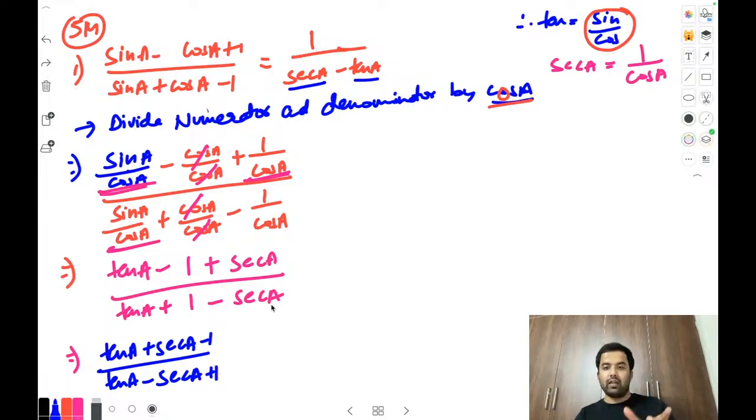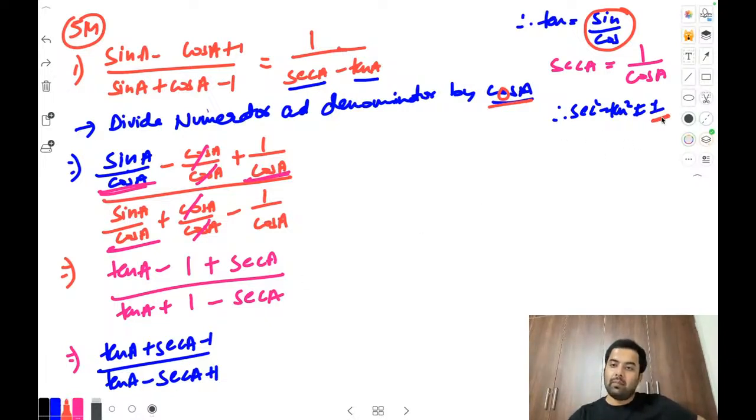In place of 1, what can we write? A formula is there. If you remember, the formula was sec square minus tan square, and the value was 1. So in place of 1, keep this one.